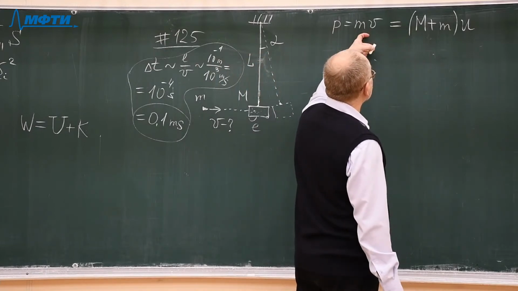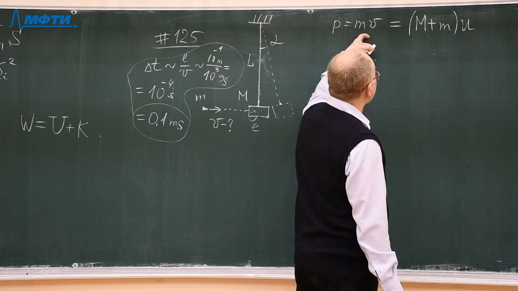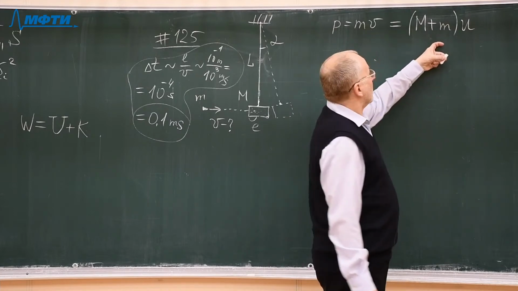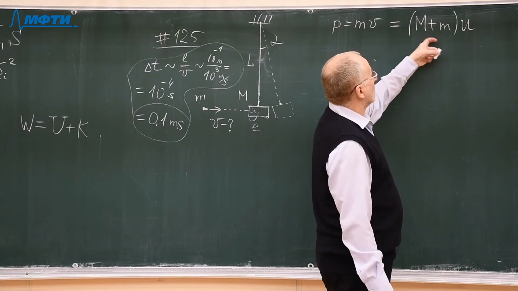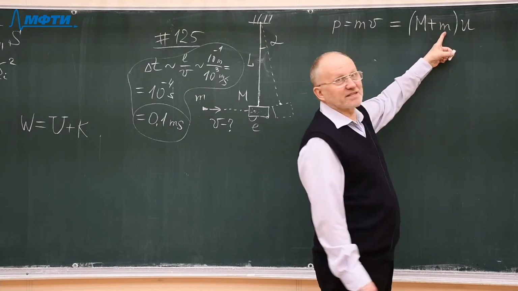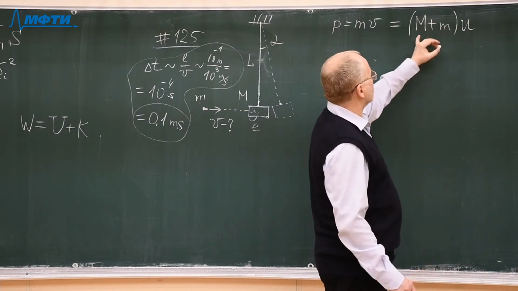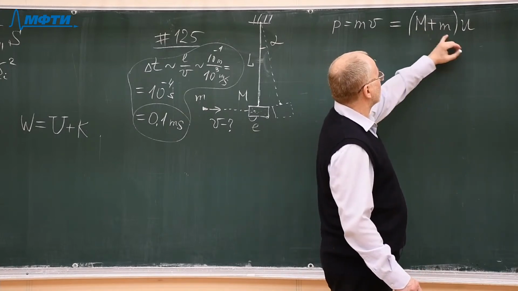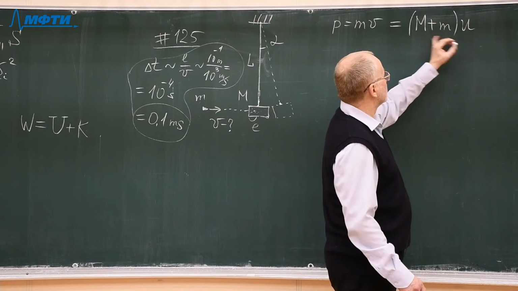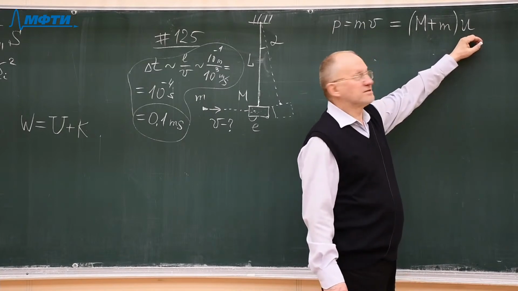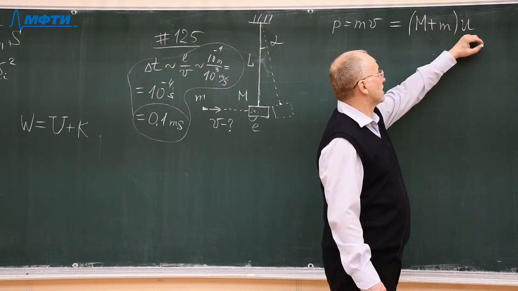The initial momentum is before the bullet strikes the box, and the final momentum is after the bullet got stuck inside the box, so that the total mass of the body is the sum of the mass of the box and the bullet, and they have the same velocity.